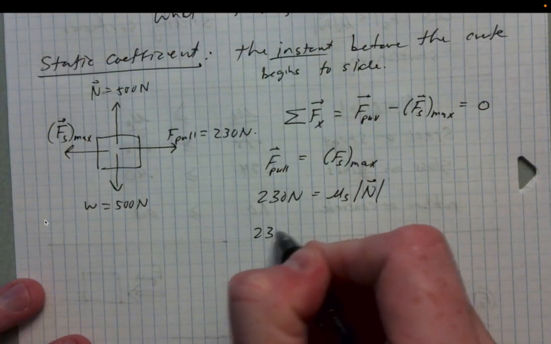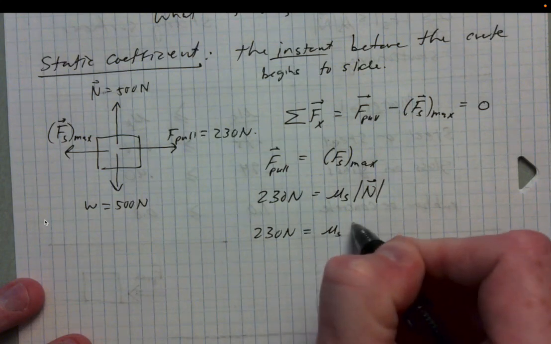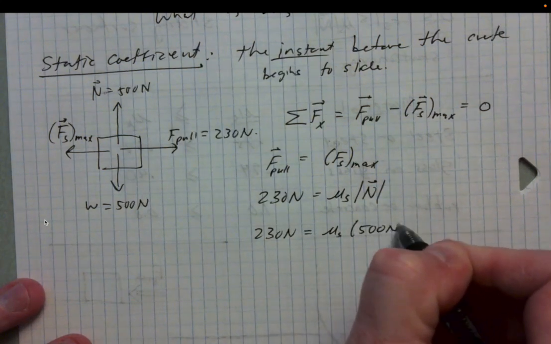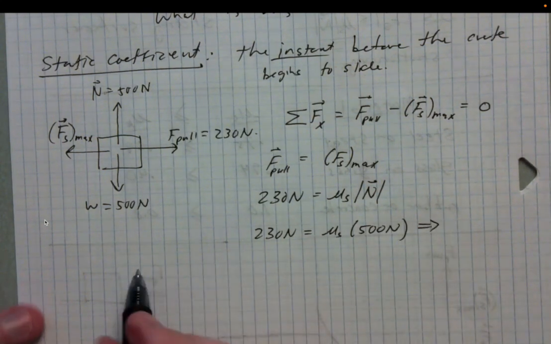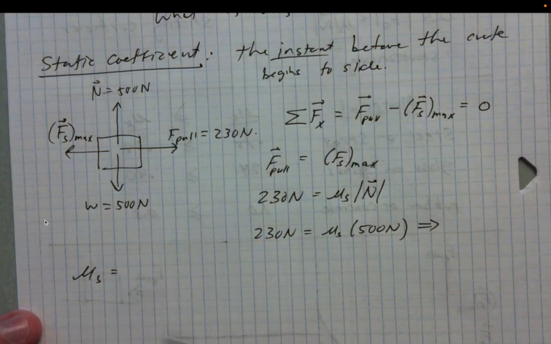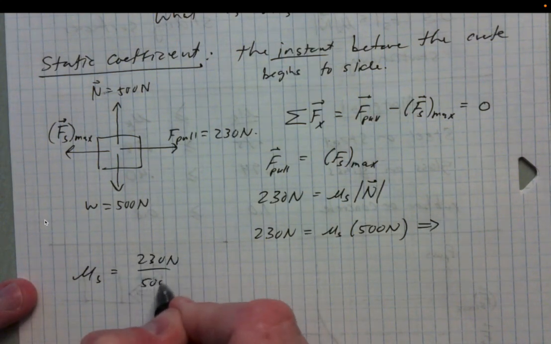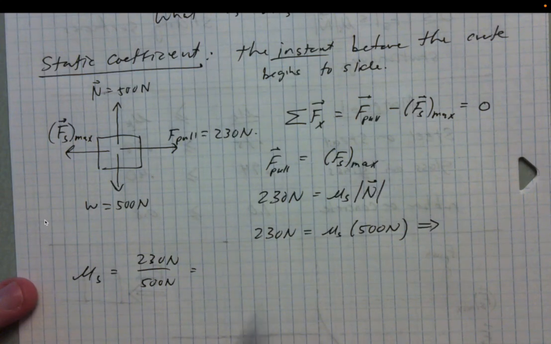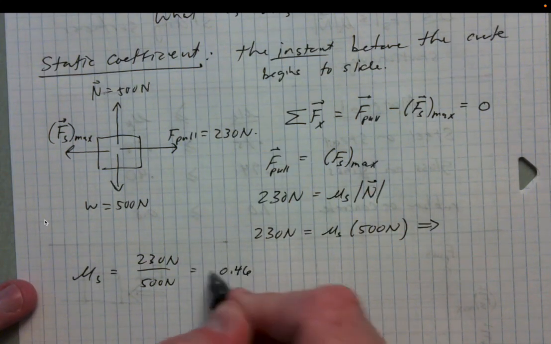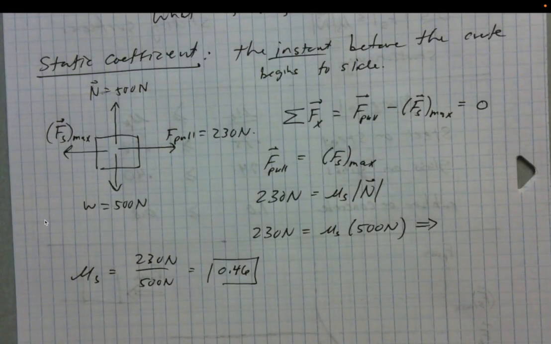And so 230 newtons is equal to mu sub s times 500 newtons. And so mu sub s must be equal to the ratio 230 newtons over 500 newtons. If you do that arithmetic, you'll see that that's 0.46. And so your static coefficient is 0.46.